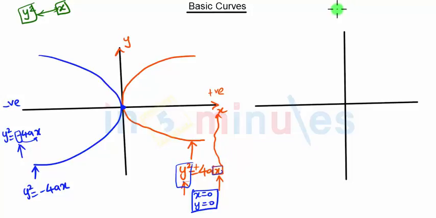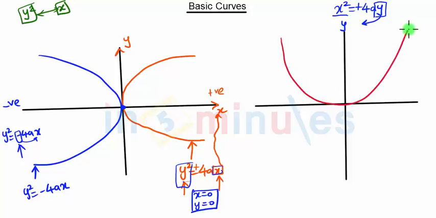Similarly, here we had quadratic in y and linear in x. Then we will have quadratic in x and linear in y. Since it is linear in y, this curve will be symmetric about the y-axis. Here we have plus 4ay, so this curve will open towards the positive side of the y-axis. So this is our curve x square equal to 4ay.